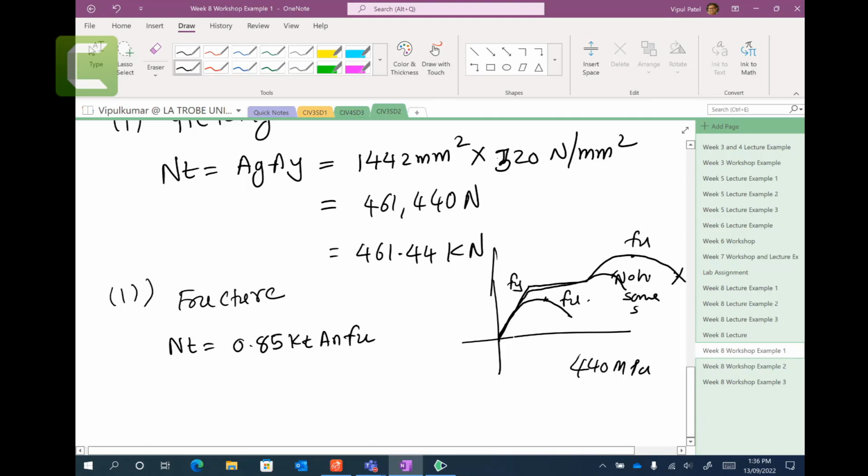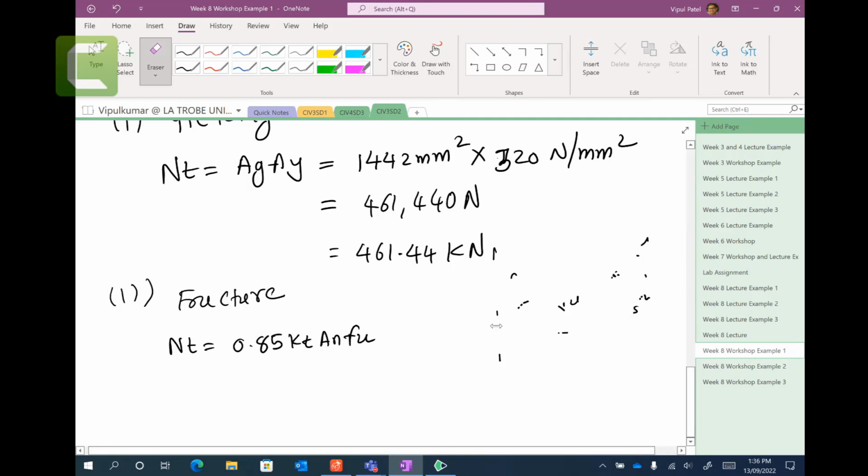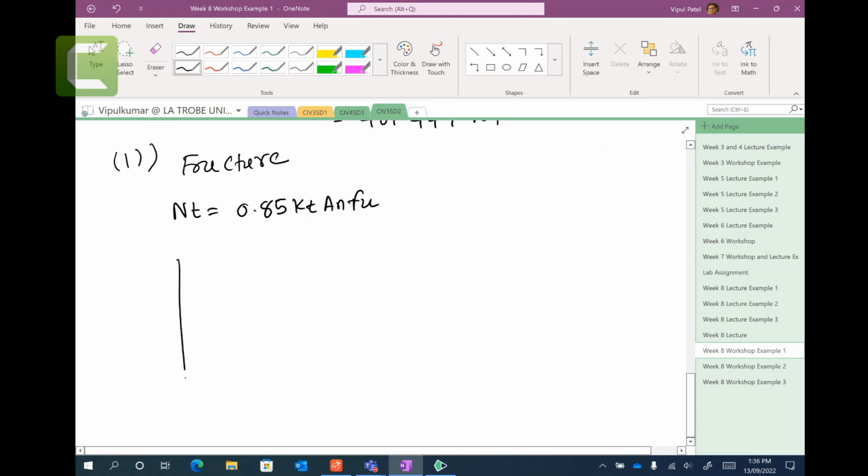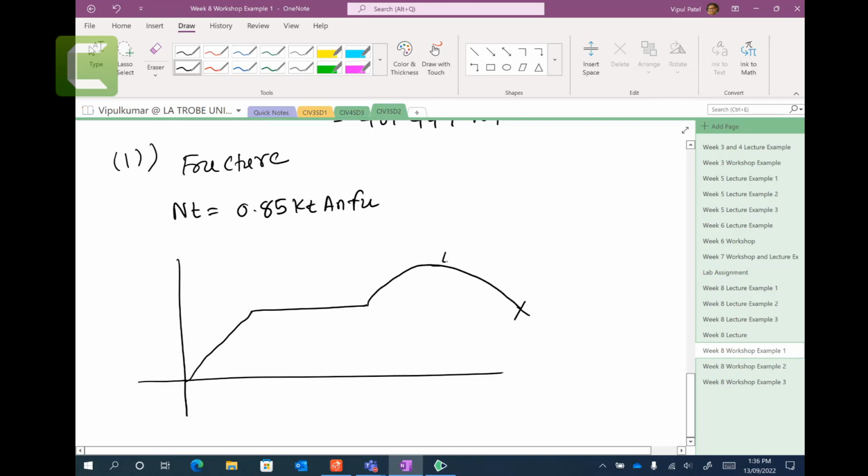Now let's see if you can see. Let's try again, because we missed those details. This 0.85 that we talked about: if you do a laboratory test with no holes, it will fracture here. This is your 440 megapascals FU, and this is your yield FY, 320 megapascals, when there is no hole.